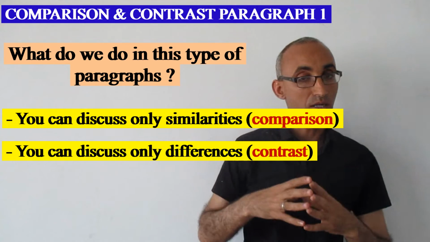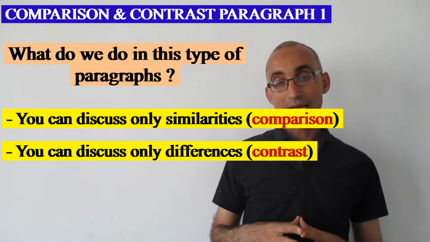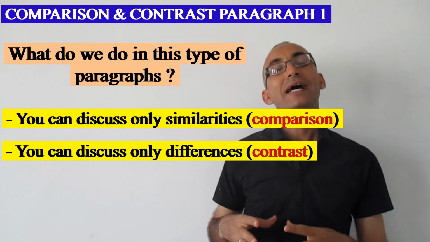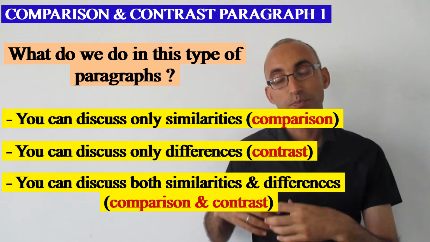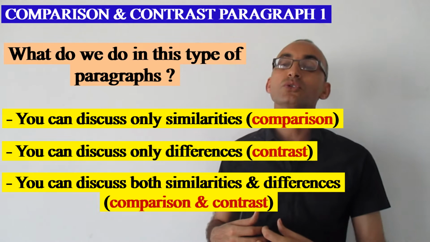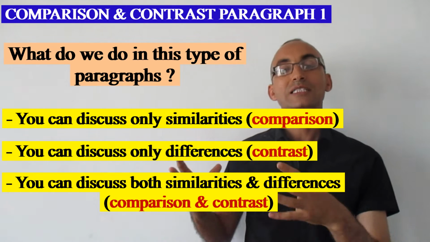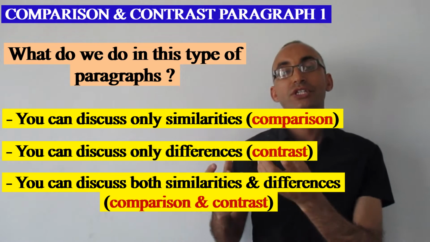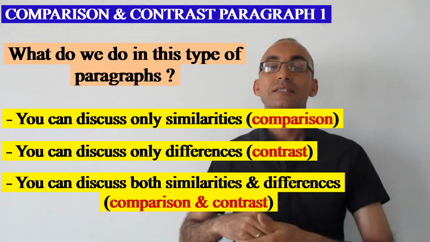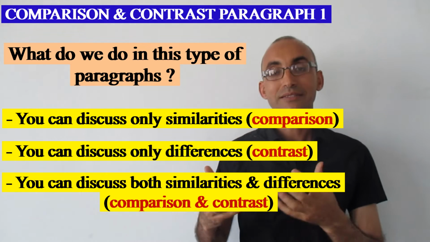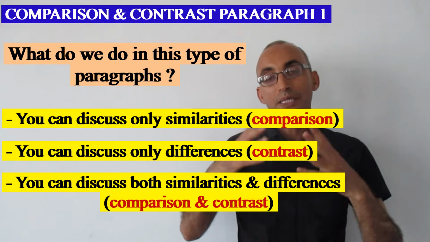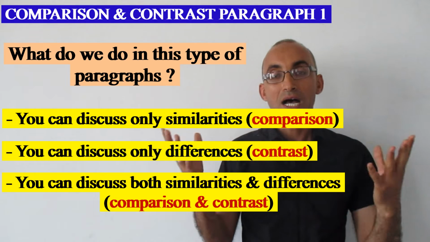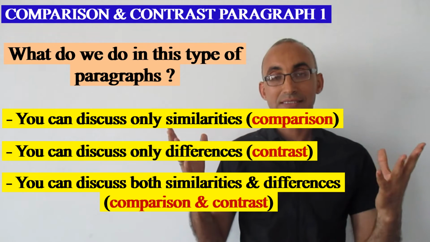Or you can combine both tasks: you speak first about similarities, explain them, show them, then you move on to discuss the aspects of difference between these two or more elements you are writing about. These elements can be two people, two towns, two countries, two objects.